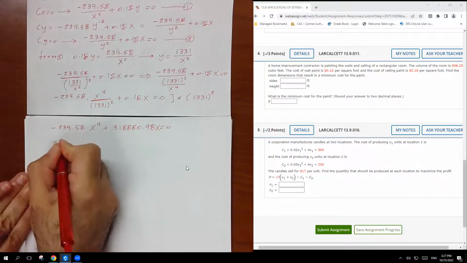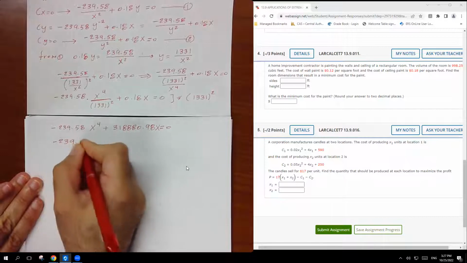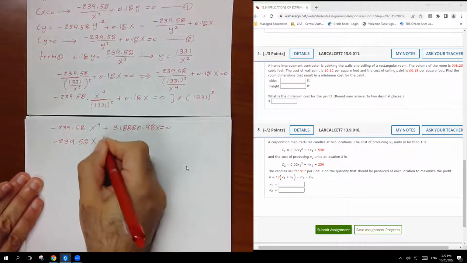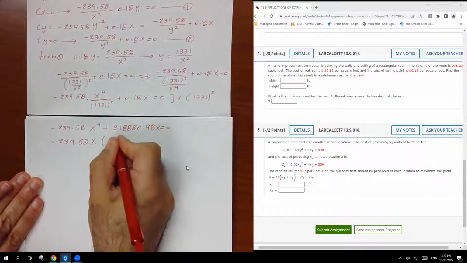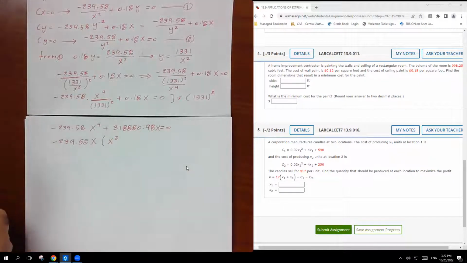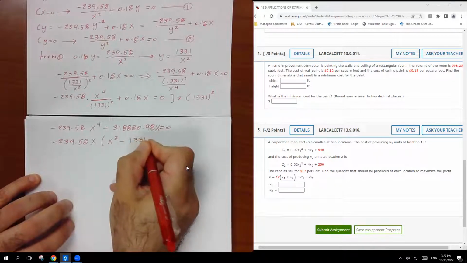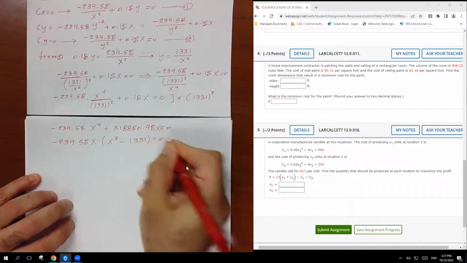Now I'm going to take negative 239.58 x as a common factor. What is left here is x cubed. And now this big number, if you divide it by negative 239.58, is going to be minus 1331 equals 0.